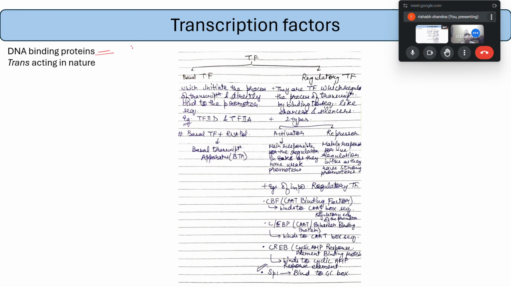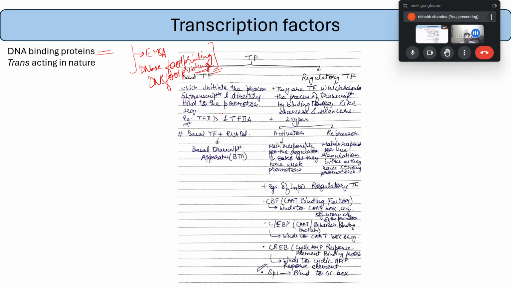We have different processes, like EMSA that we have studied, and DNase footprinting. All these we have discussed in the previous lectures, and how these help to detect a particular protein binding to the DNA.